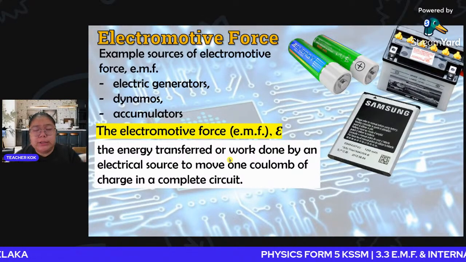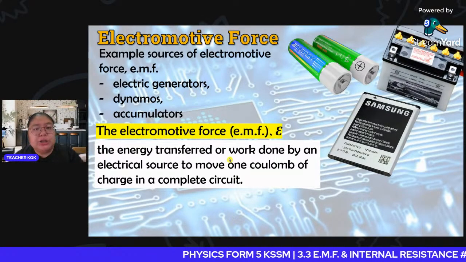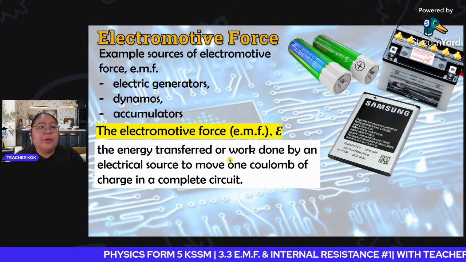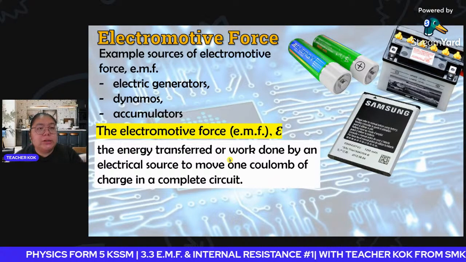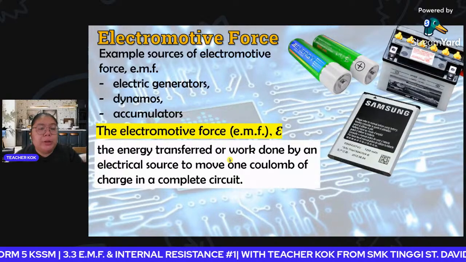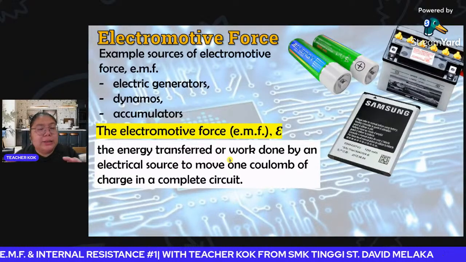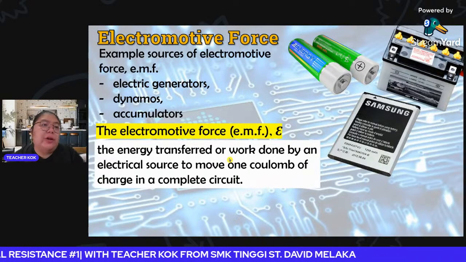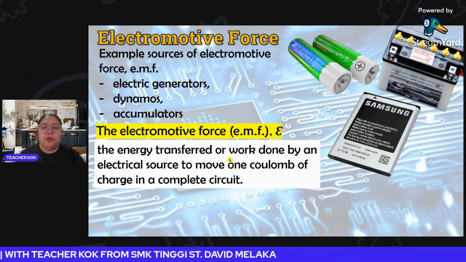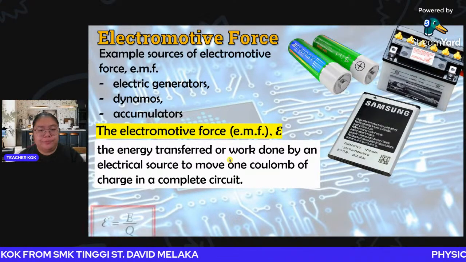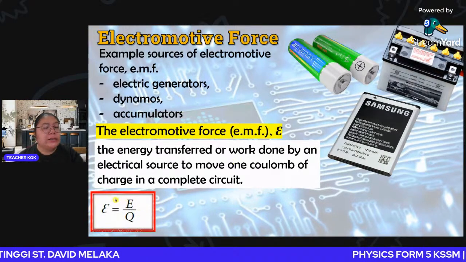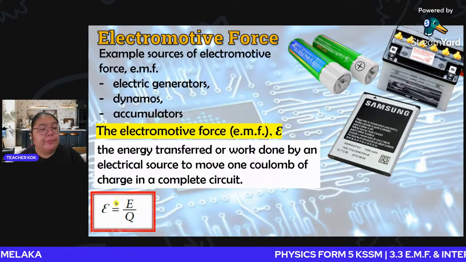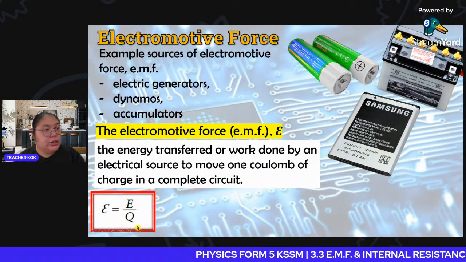Okay, so this one is the difference between the potential difference and also EMF. Although both also have the same unit, volt, the definition should be different. Okay, so we go through the detail about EMF. Okay, this one is the formula for EMF. Okay, energy over charge.